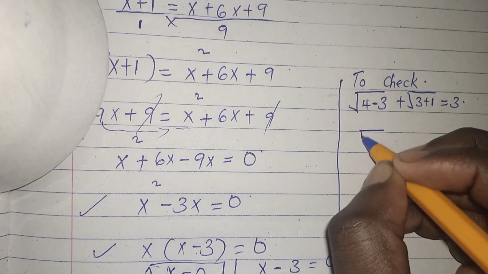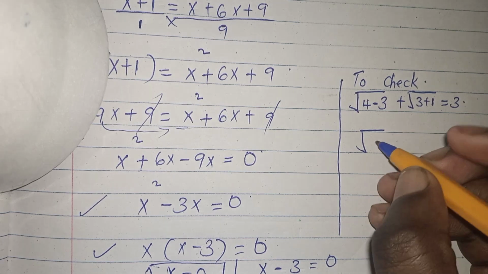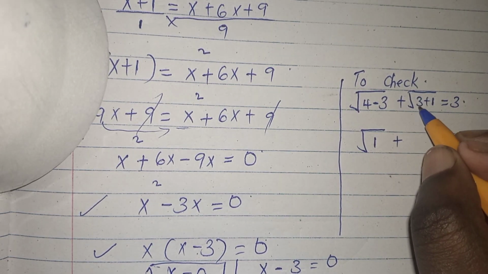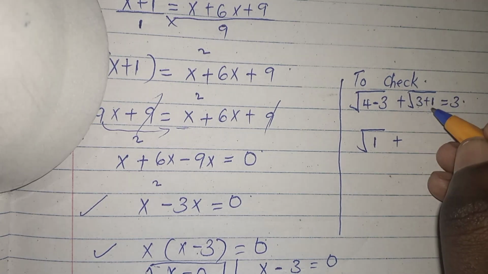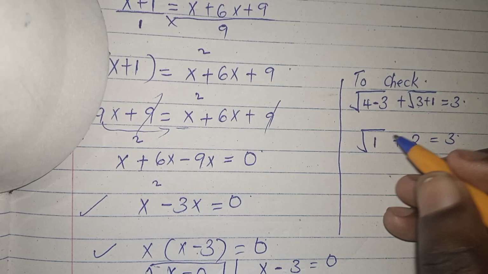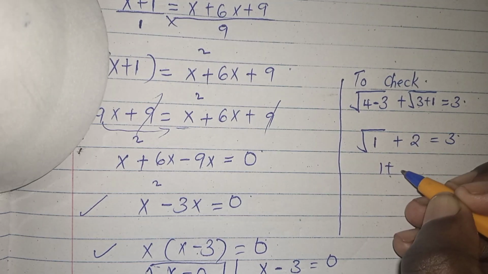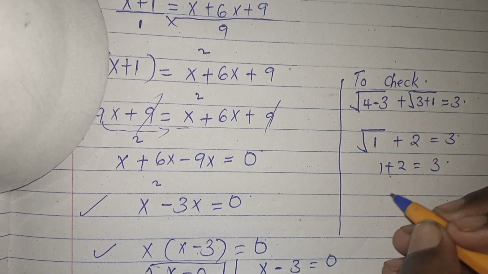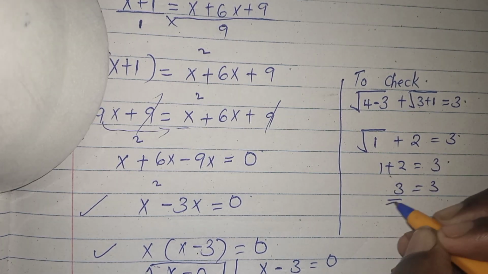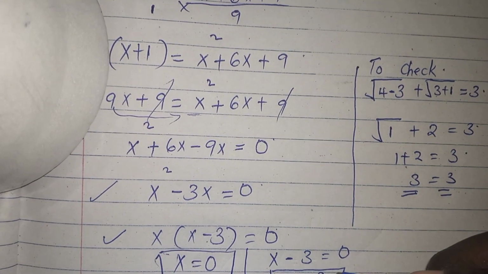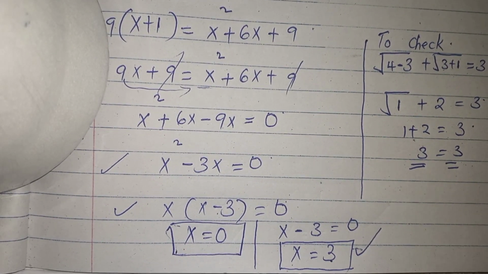So the square root of 4 minus 3, this is 1, plus the square root of 3 plus 1, this is 4. So the square root of 4, this is 2, is equal to 3. So the square root of 1 is 1, plus 2 is equal to 3. So 3 is equal to 3. So our left hand side and our right hand side are the same, meaning x is equal to 3 satisfies our given equation.